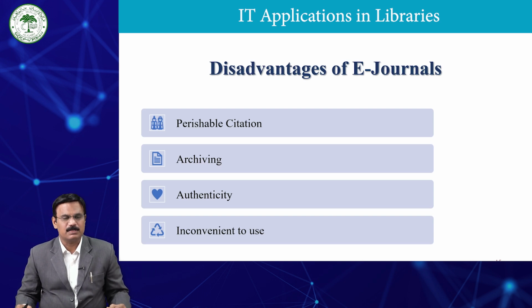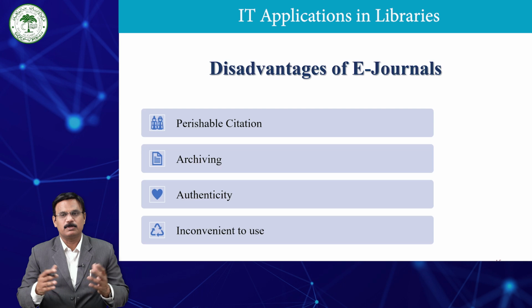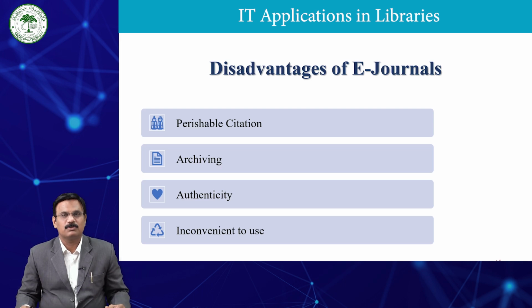And archiving is another important aspect, because some journal publishers do not allow archiving if you don't have perpetual licensing. So archiving will be difficult.